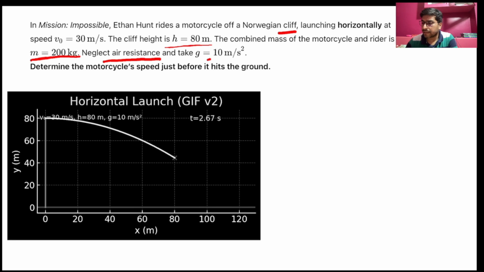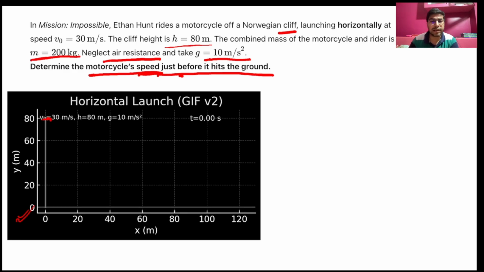And g is given as 10 meter per second square, so we have to determine the speed of the motorcycle just before touching the ground. First see this GIF and see how the actual motion will happen. The motorcycle will start from here and in this way it will come to the ground, right?